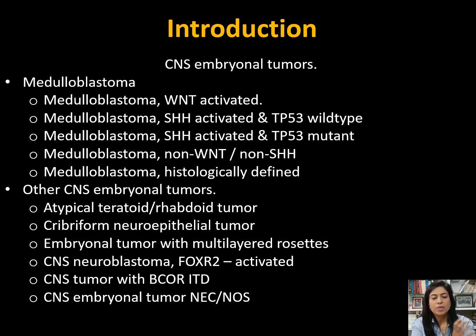So these form the major chunk of the embryonal tumors, whereas the other CNS tumors may arise across the neuraxis. So, these are the molecular subgroups of medulloblastomas, and these are the other CNS embryonal tumors, out of which we'll be seeing atypical teratoid rhabdoid tumor.